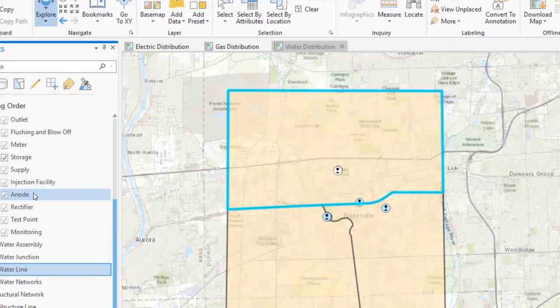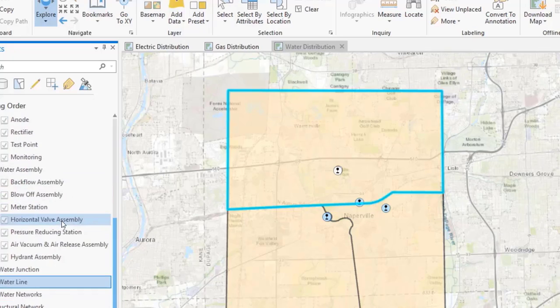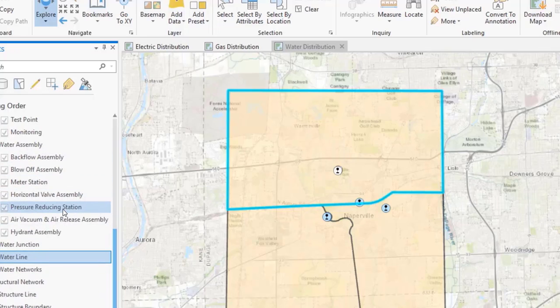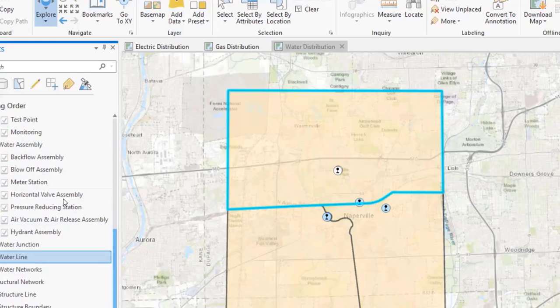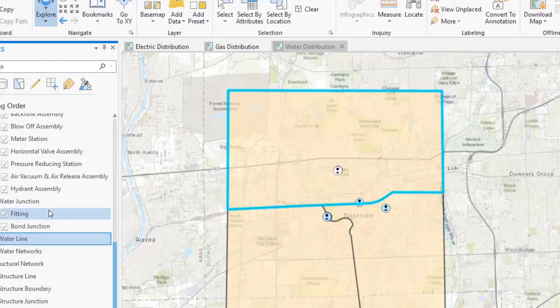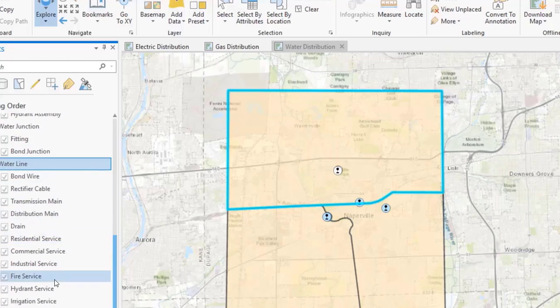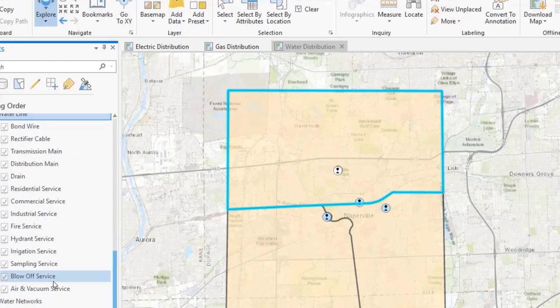So once again, all things that either collect or transmit water flow. Assemblies are equipment collections that represent container locations. Junctions are just simple connection points, no operational capabilities. Lines represent the different types of pipes.